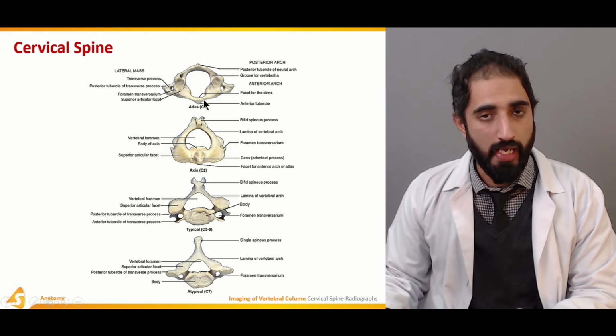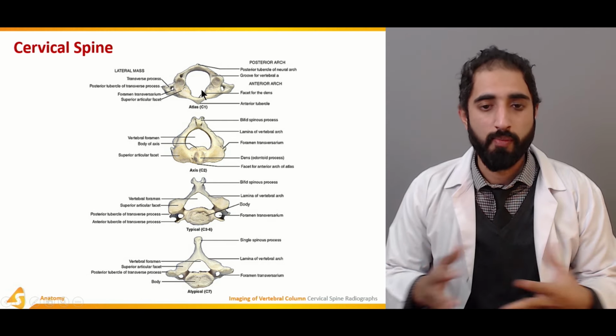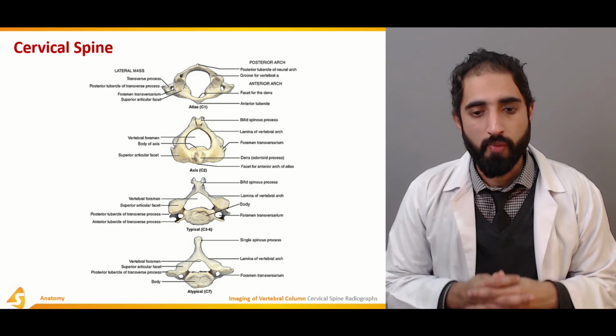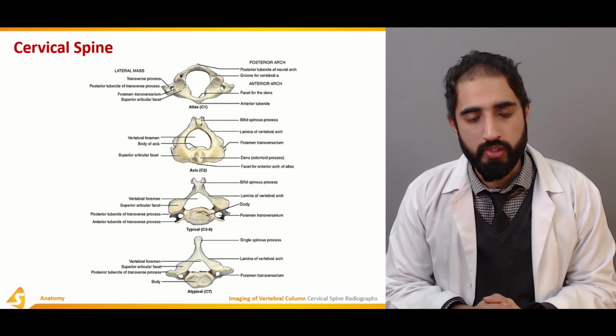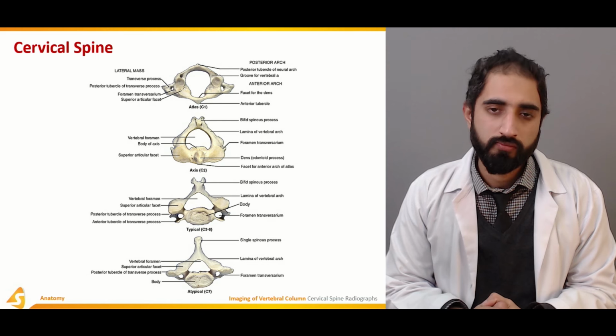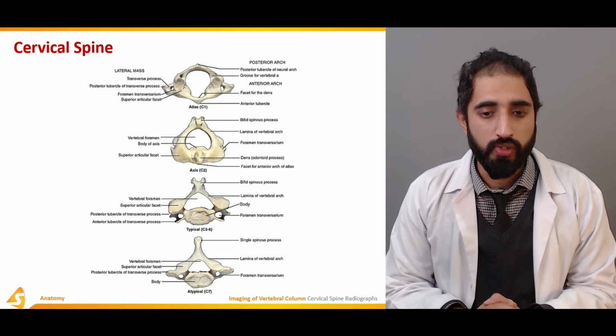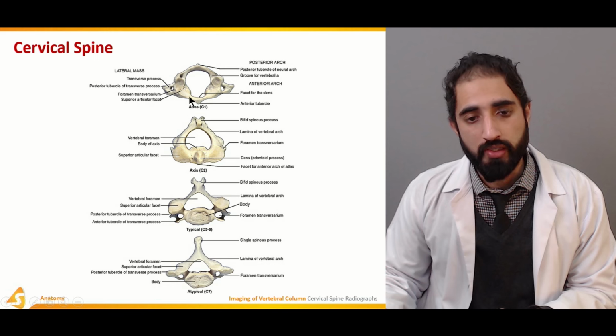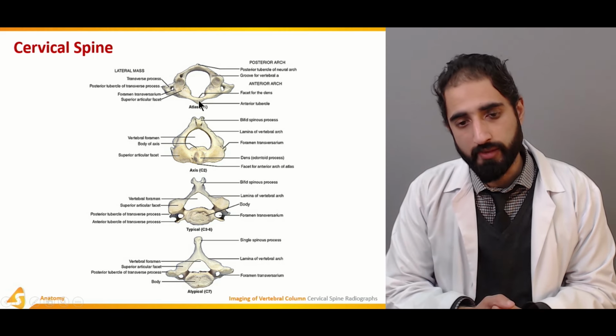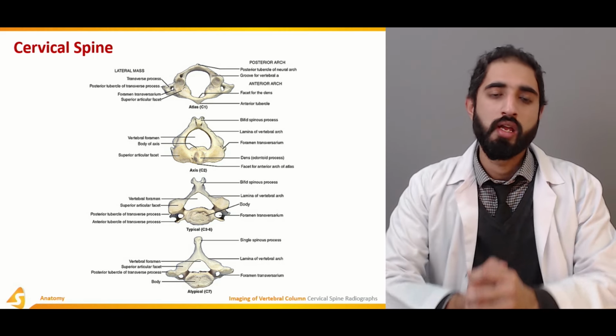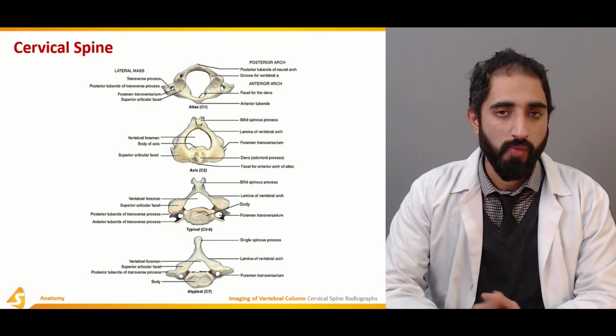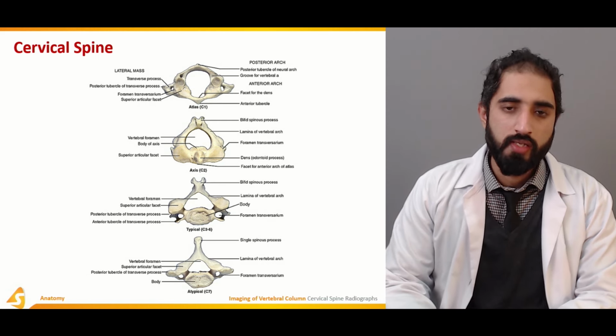Moreover, if we talk about the atlas, once again, the atlas does not have a body, it does not have a proper bifid spinous process, and it articulates with the dens via the anterior arch. These structures and differences make these atypical vertebrae slightly different from the typical cervical vertebra.